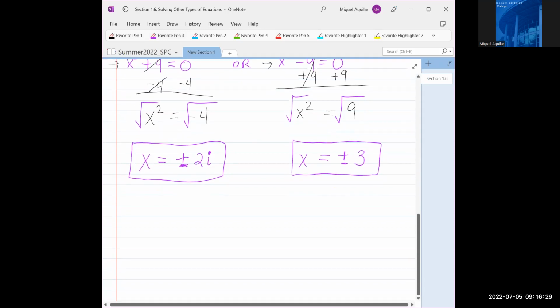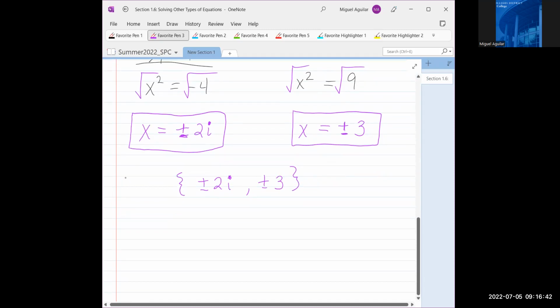So again, if in MyLab Math, when you're typing in your answers, they give you the plus or minus button, you can just put plus or minus 2i, comma, plus or minus 3, and that would be your solution set.